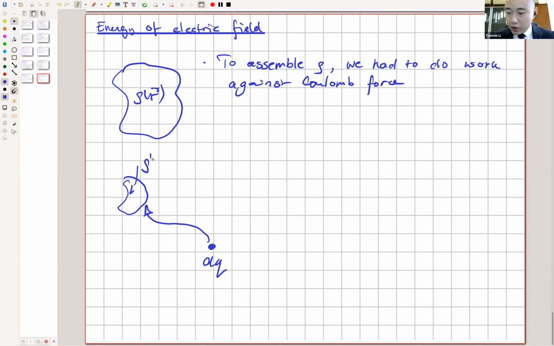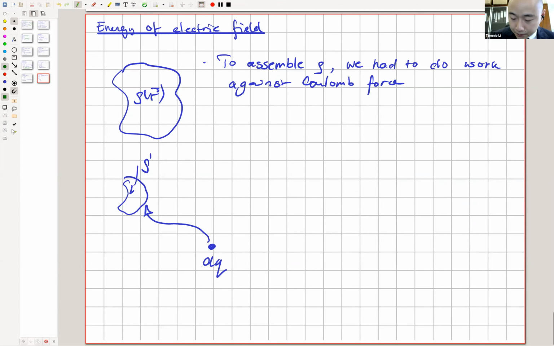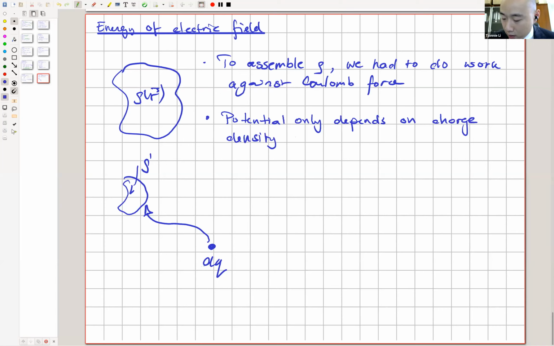Okay. If I look at this expression over here, I can see that the potential only depends on charge density that is already present.